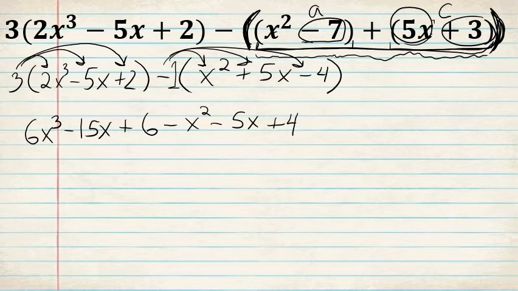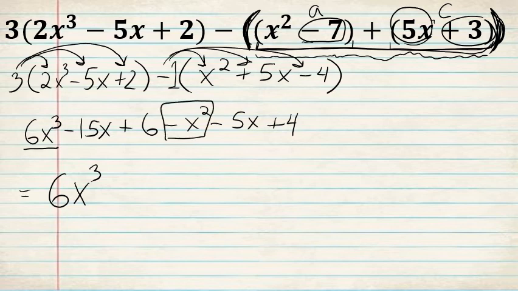The final step in the order of operations is to add and subtract from left to right. And when variables are involved, this can be described as combining the like terms. In this problem, the like terms are, well, 6x to the third power is the only term that involves an x to the third power. So that cannot be combined with anything. That will be part of our final answer. The x to the second powers, well, there's only one.